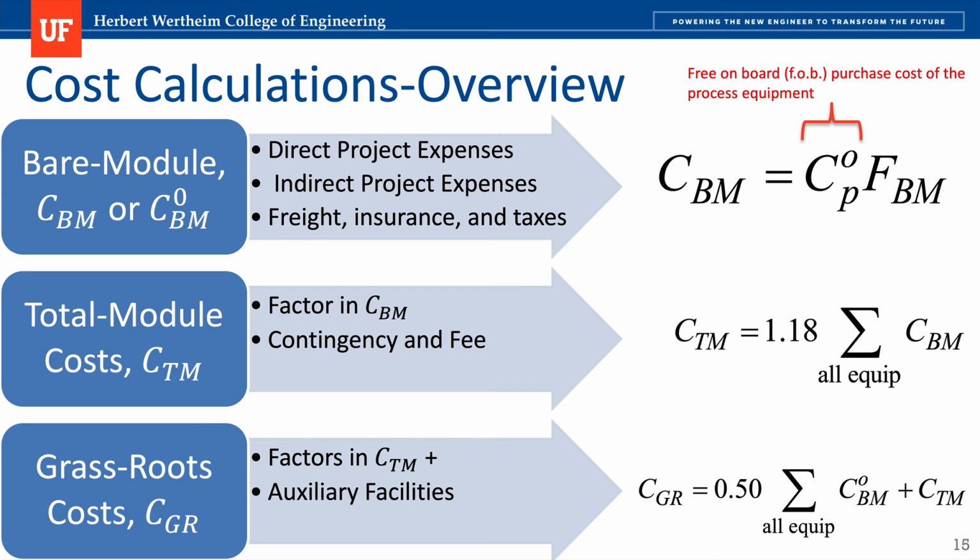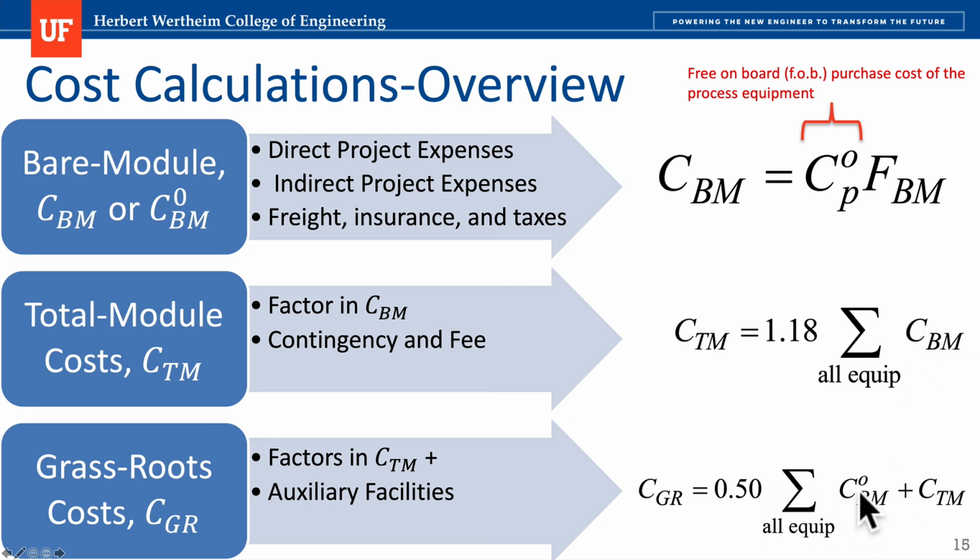If you increase temperature to a high temperature, you need to change the materials of construction, so it's no longer going to be carbon steel. If you increase the pressure, or decrease it into a vacuum, then you're no longer operating at base conditions. So you can calculate the total module cost at base conditions or not base conditions.